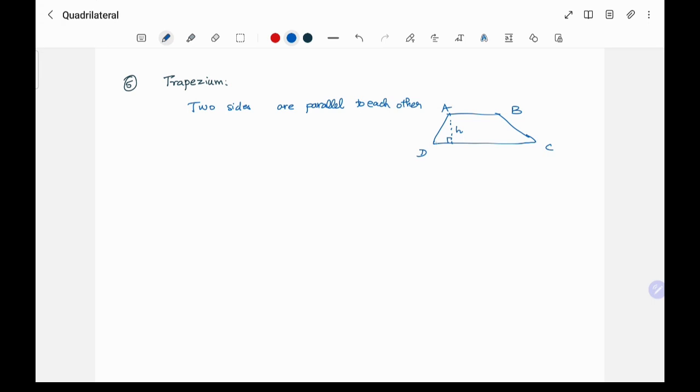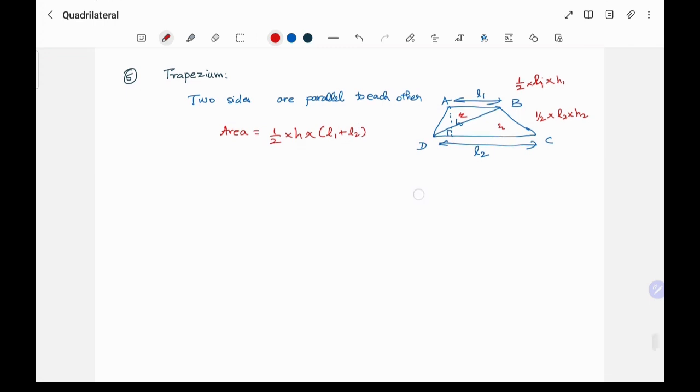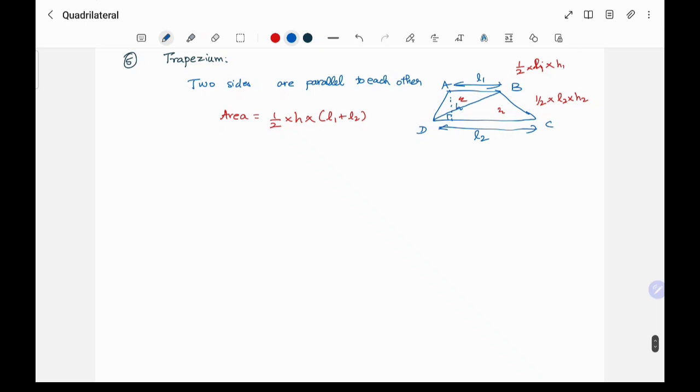If we draw a diagonal, you can see, let's say this length is L1 and this length is L2. The area of this triangle is half into L1 into H1, right? And the area of this triangle is half into L2 into H2. So the total area is half into height into L1 plus L2. So it's half into height into the sum of the parallel sides. This will be the area of a trapezium.